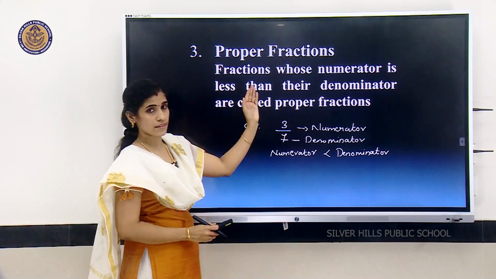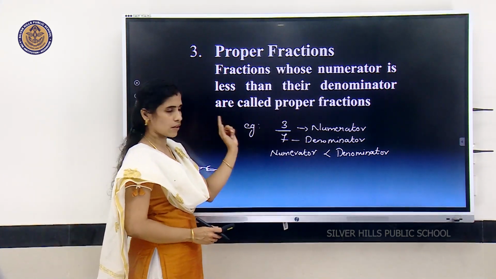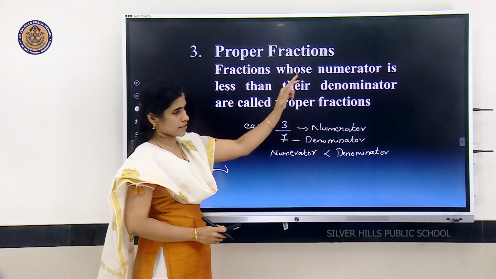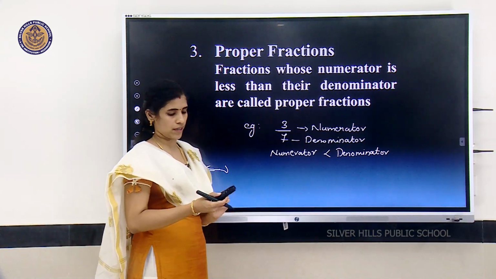So fractions whose numerator is less than the denominator are called proper fractions. This 3 by 7 is an example of a proper fraction.